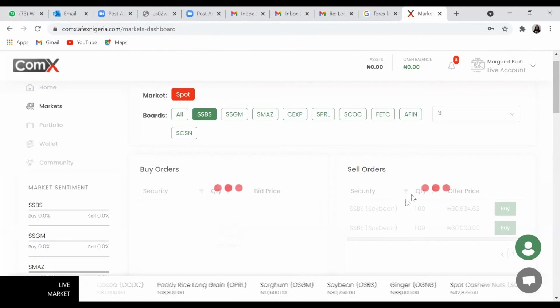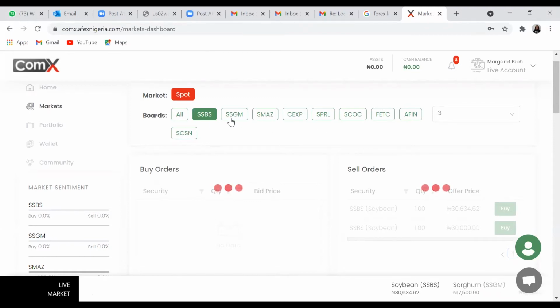Then you will click on what price fits you the best. So if you are looking to buy a product, you'll be looking at the sell order aspects of the orders. And if you're looking to sell a product, you'll be looking at the buy order aspect here, if you can see on my screen here. So that's what you just do for all the products on the platform.